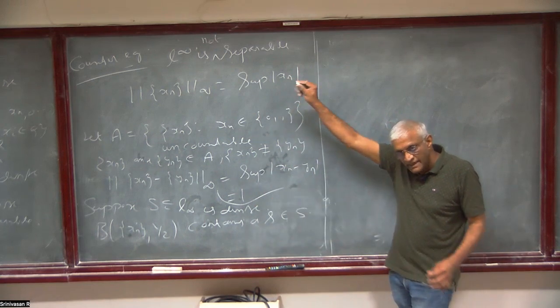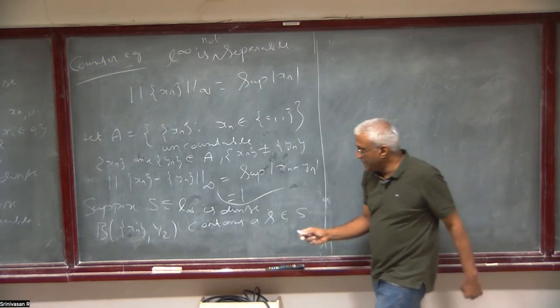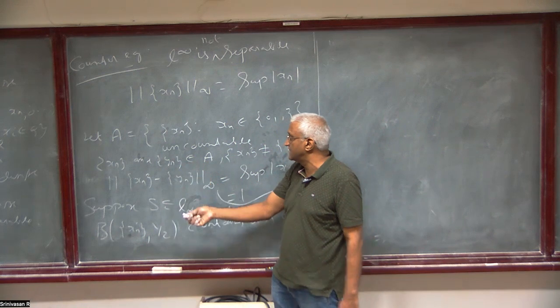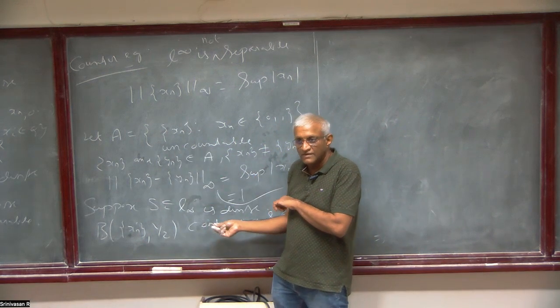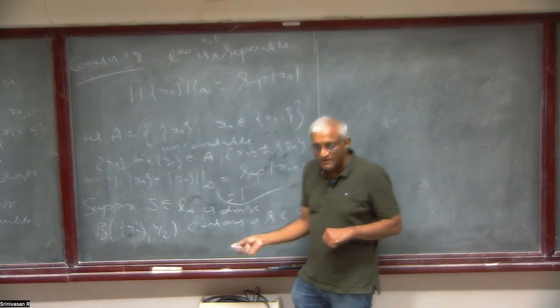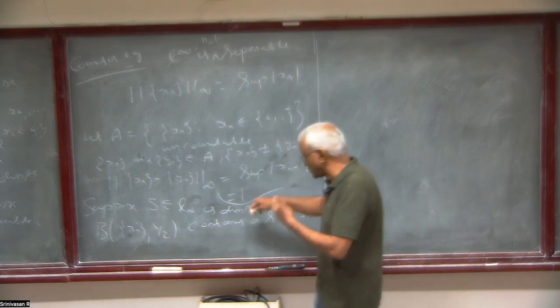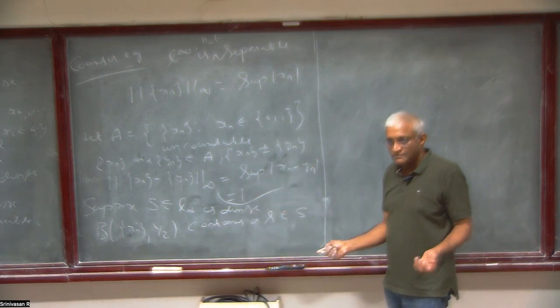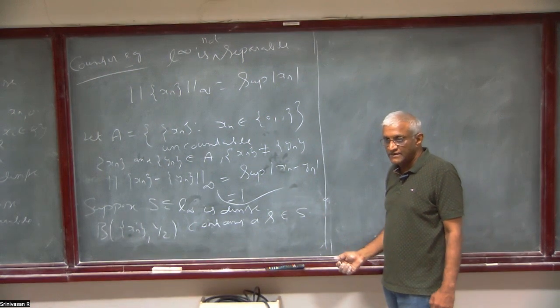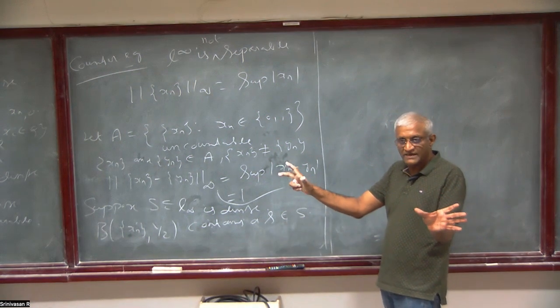But there are uncountably many such xn, and B of xn with radius half does not intersect with B of yn with radius half. Right? B of xn half and B of yn half do not intersect.